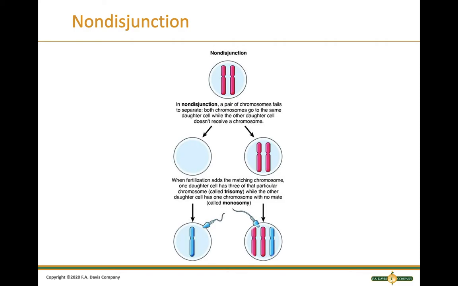So at fertilization, the cell on the left is going to have one chromosome, and the cell on the right is going to have 3 chromosomes. So nondisjunction is when a pair of chromosomes fails to separate. So one daughter cell ends up with 0 chromosomes for that pair, and one ends up with 2 chromosomes for that pair.